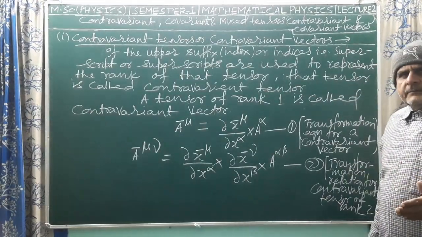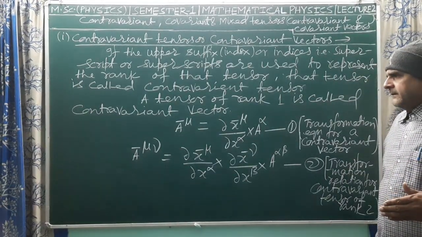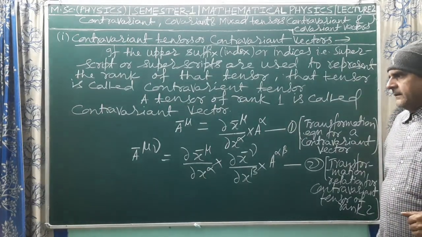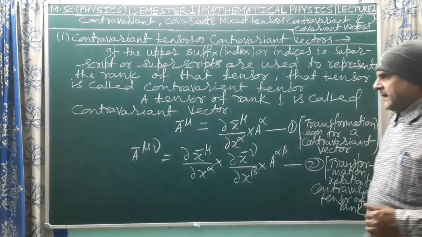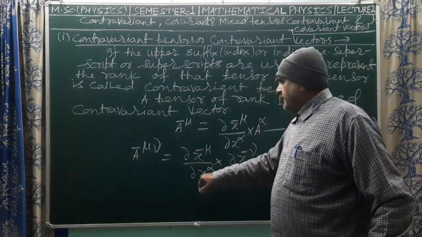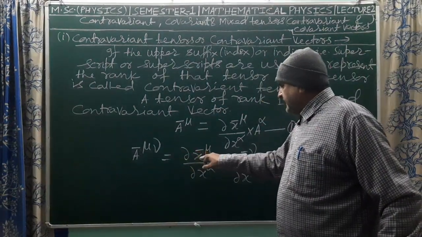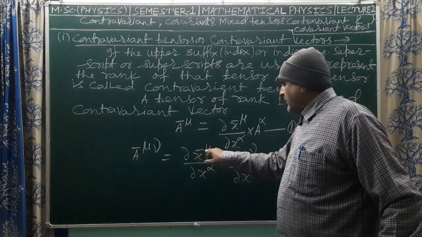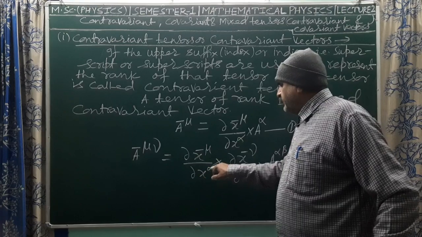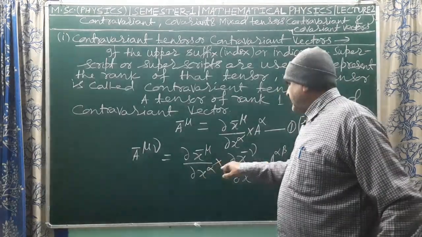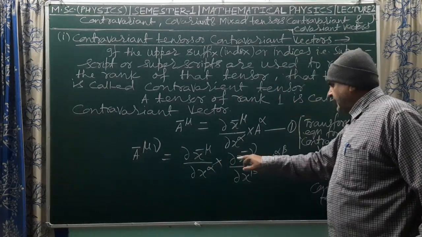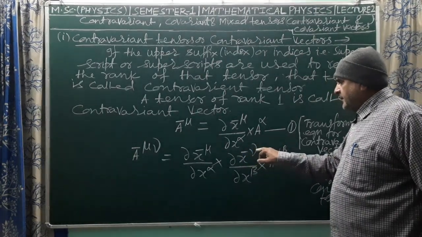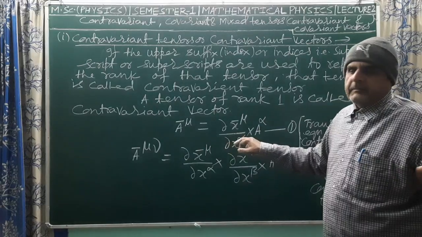And contravariant tensor of rank 2 के लिए ट्रांसफॉर्मेशन रिलेशन अगर फुलफिल होता है, a bar mu nu is equal to del x bar to the power mu upon del x to the power alpha multiplied by del x bar to the power nu upon del x to the power beta multiplied by a to the power alpha beta. यहाँ x bar की जगह x dash भी यूज किया जा सकता है प्राइम सिस्टम में.